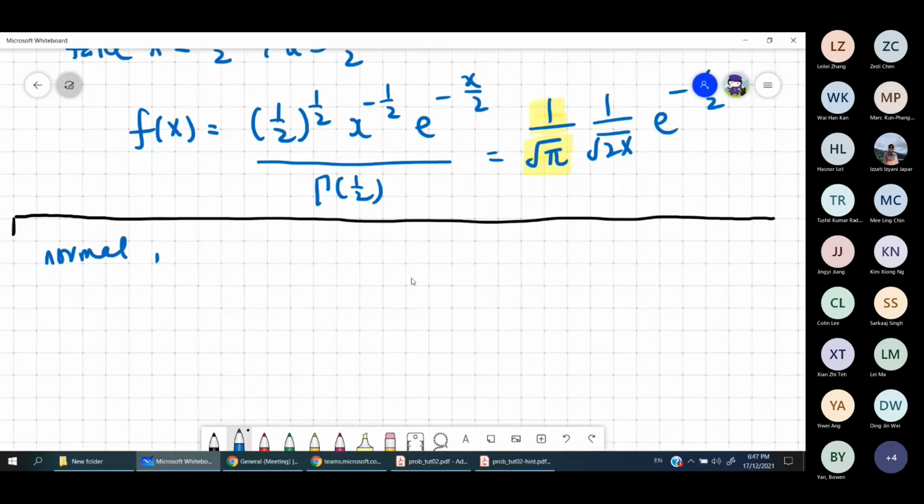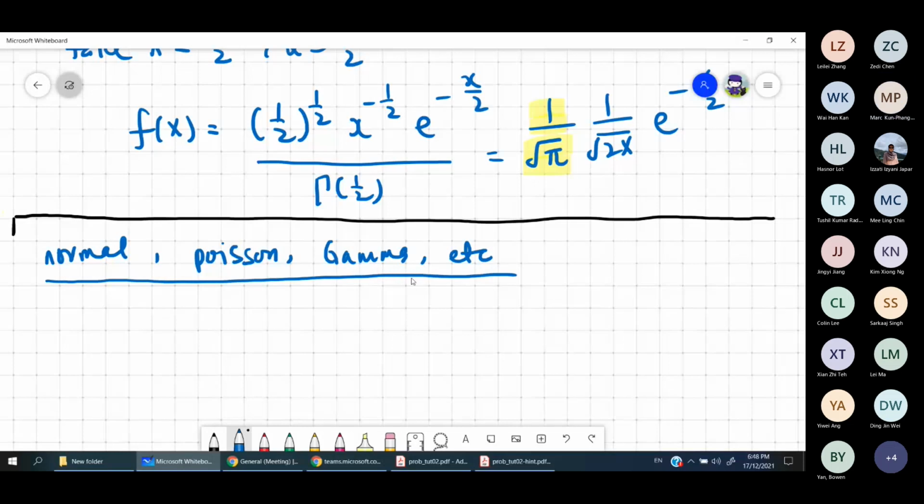You should be aware of what a normal distribution is, and you might not be able to recall its formula, but at least you're aware there's such a thing as a normal distribution, and a Poisson distribution and gamma distribution, etc. At least you should be aware of this kind of standard distribution.